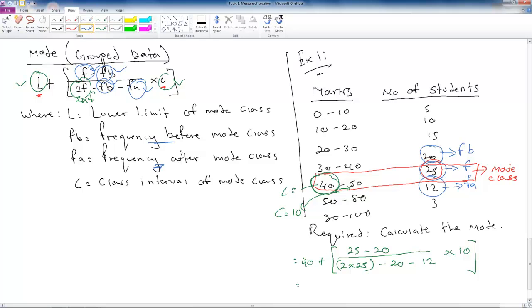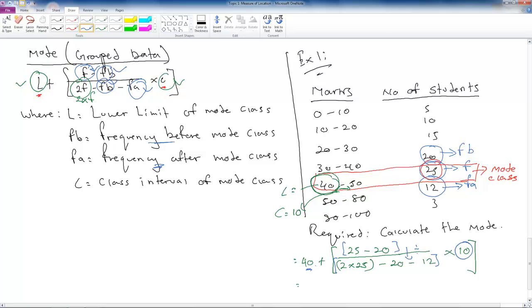My advice: work on the bottom first, then the 10 on the top, divide, which is easier, then multiply, and at last add the 40, and you will get the answer.